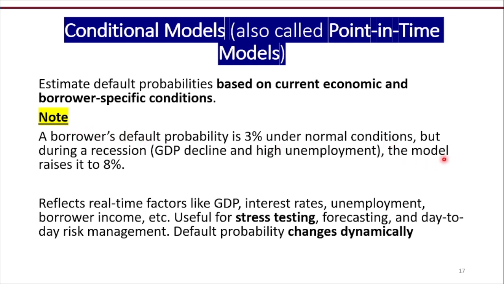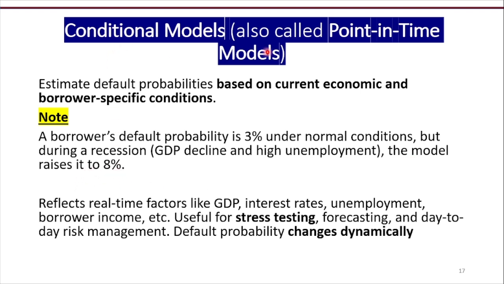But during a recession, what is a recession? Recession is when the economy goes down. During a recession, GDP, gross domestic product, declines, and there is high unemployment. The model raises it to 8%.